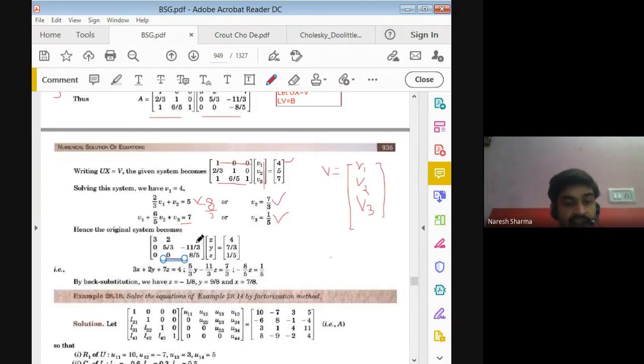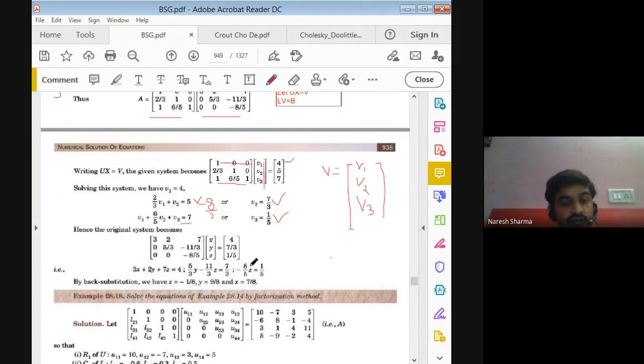Now if you multiply this with your X, Y, Z, we get 3X, 2Y, 7Z is equal to 4. And here 5 by 3 Y minus 11 by 3 Z is equal to 7 by 3. Similarly 8 by 5 Z is equal to 1 by 5. And this is with minus sign.